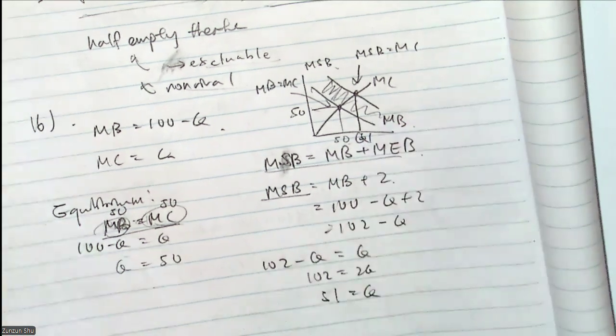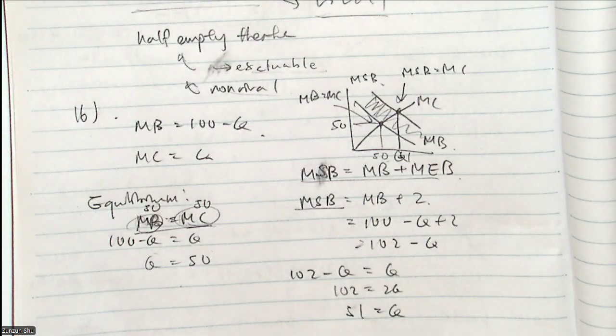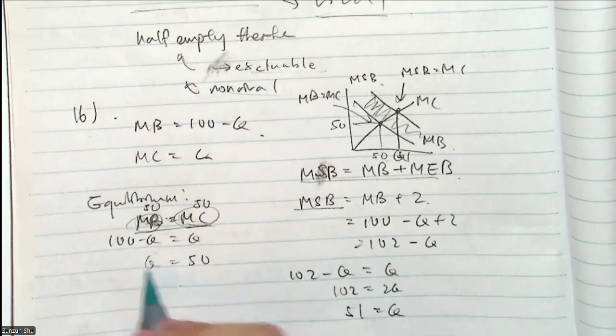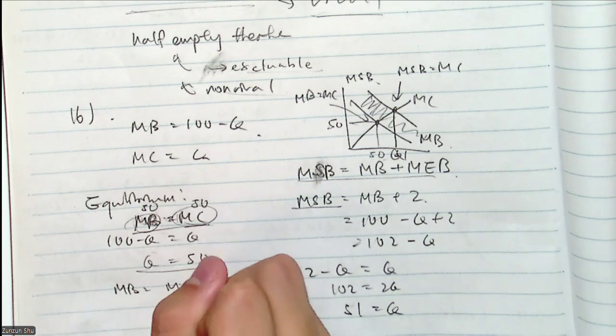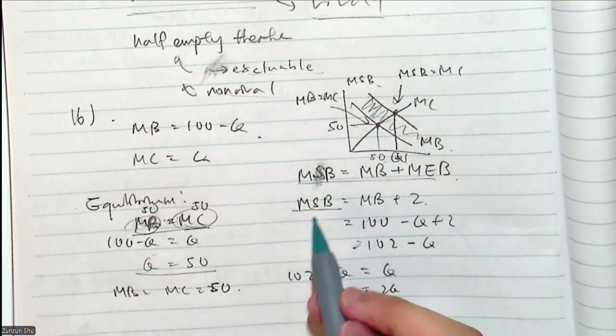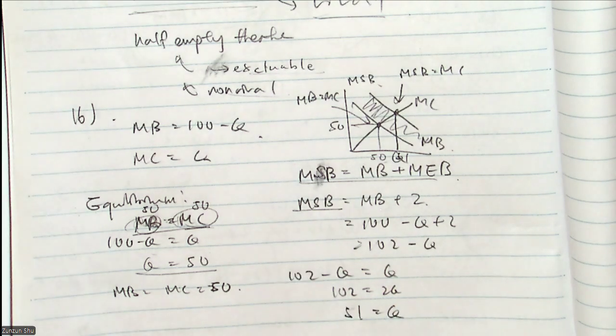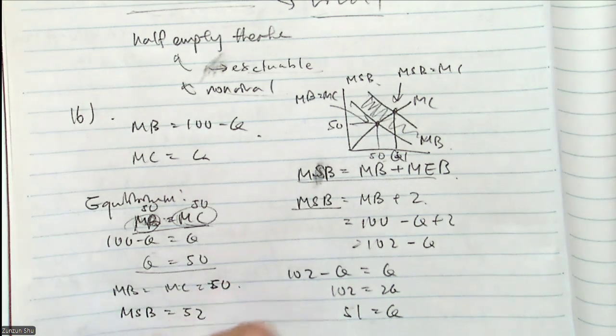But I want to remind you guys of something very important. After you get the Q, you can't just say, okay, MB equals 50, MC equals 50, and I also know MSB equals MB plus MEB. MB is 50, MEB is 2, so MSB is 52.